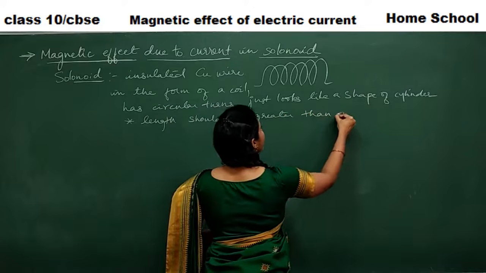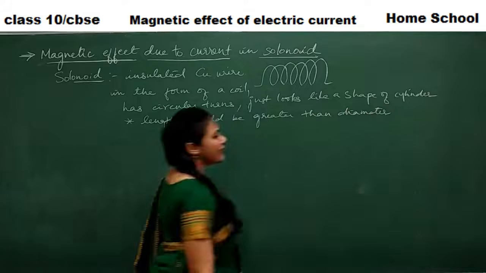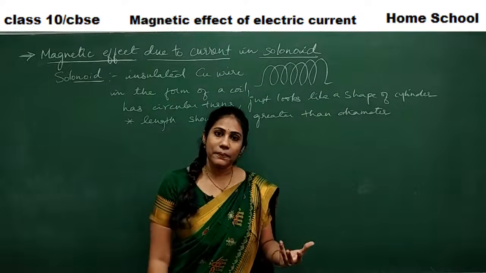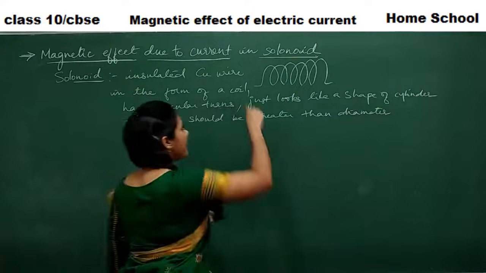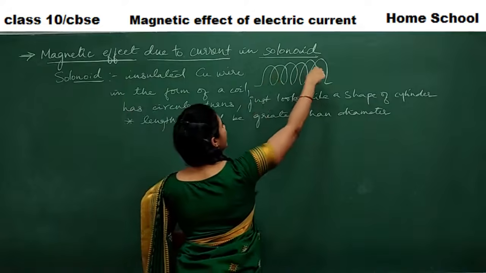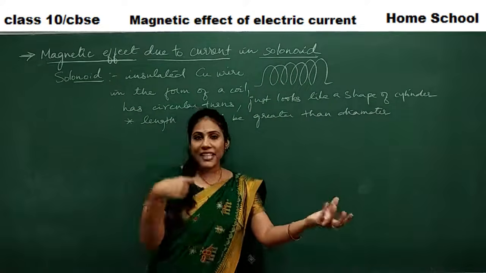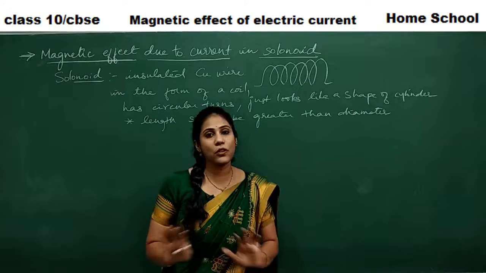This point is very, very important. It is one of the properties you have to consider when you make a solenoid. It is just a copper wire with many circular turns that looks like a spring, like the shape of a cylinder. That's what we mean by solenoid.